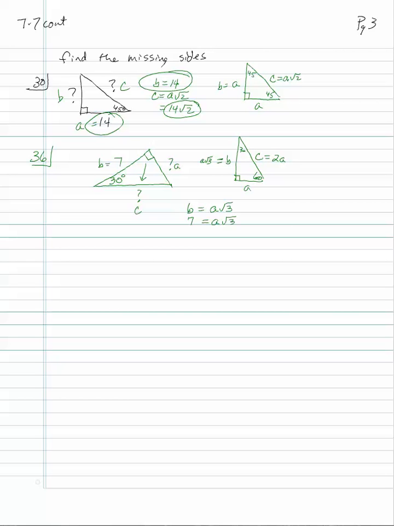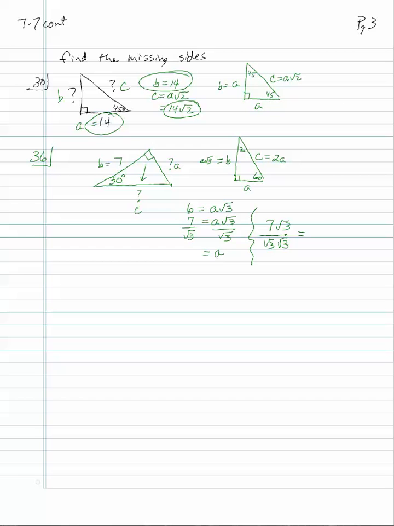So now I'm just going to solve this for A. So I'm going to divide both sides by square root of 3. And then I'm going to simplify 7 over square root of 3. I got to rationalize the denominator.